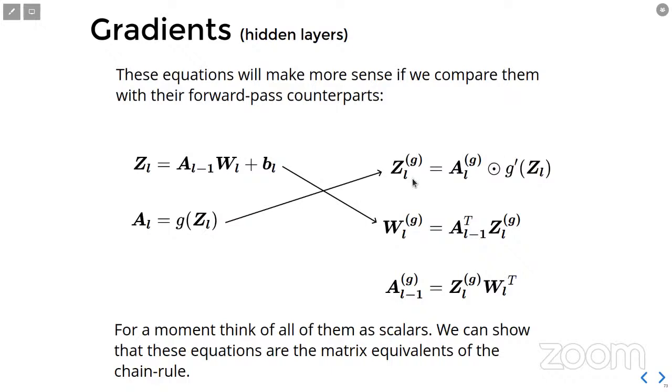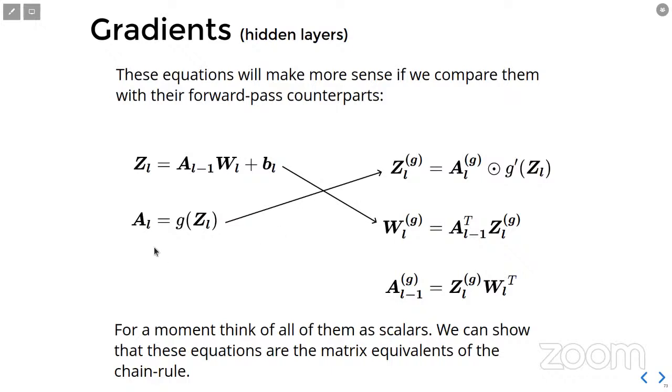Since they are matrices, I need to multiply them element-wise. How did this A giving the G of Z relate to this? I'm not able to get this, sir. See, again, we have to follow the chain, right? Z influences A via G. That is how we got it.